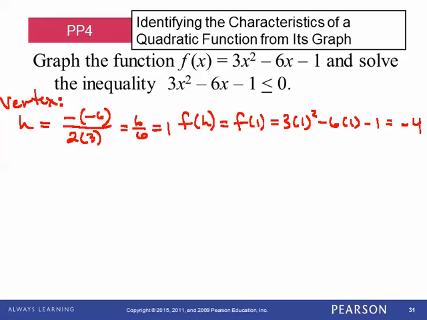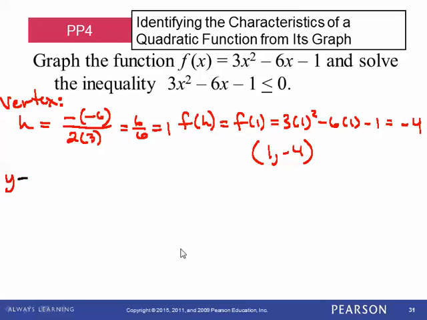Check just to make sure I did it correctly. I think I did. So 3 minus 6 is a negative 3, and negative 3 minus 1 is a negative 4. Cool, so 1, negative 4 is my vertex.